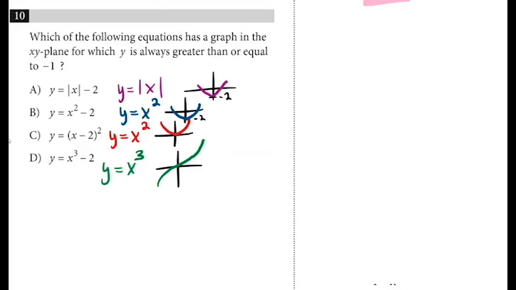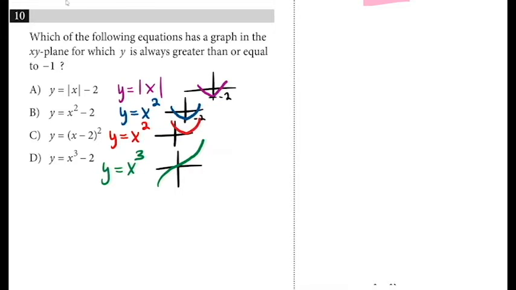Going to choice C, adding to the inside is a horizontal shift, and horizontal shifts are backwards. So x minus 2 all squared means that we're actually moving right 2, because normally positive is to the right, but this is backwards. So here, negative is to the right. So we're going to take that red parabola and move it to the right by 2, and it'll be right there.